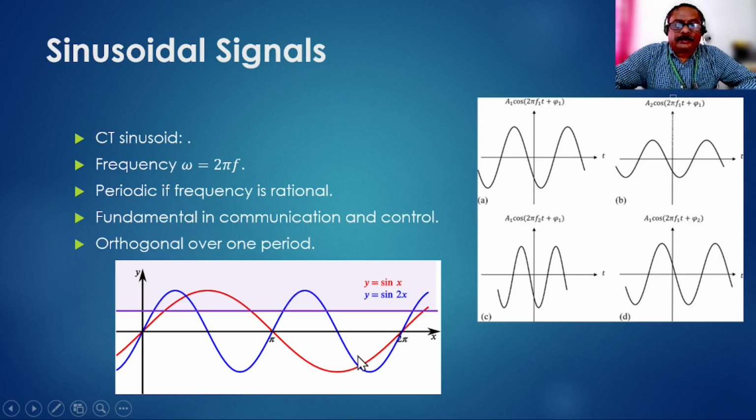And if you find the inner product of this, it's always going to be 0, and that way we can say that over one period the sinusoidals of integral frequencies of sin x are orthogonal to each other. So sin x is orthogonal to sin nx, where n can be any integer, and that way we can have orthogonal signals, and these orthogonal signals can be used to represent any other signal.